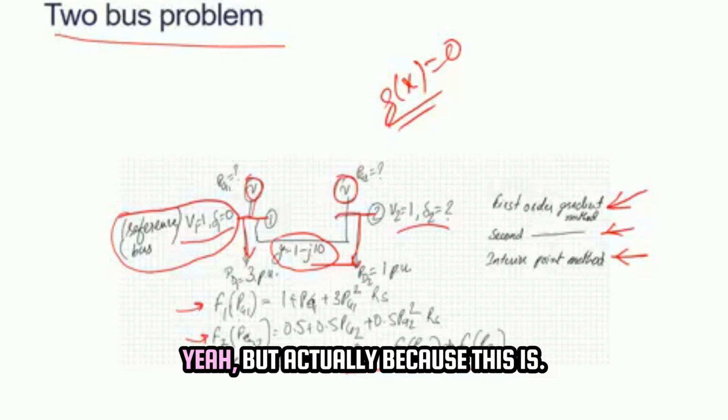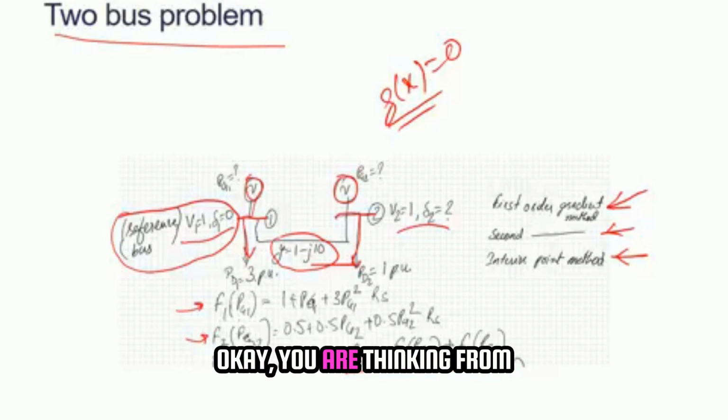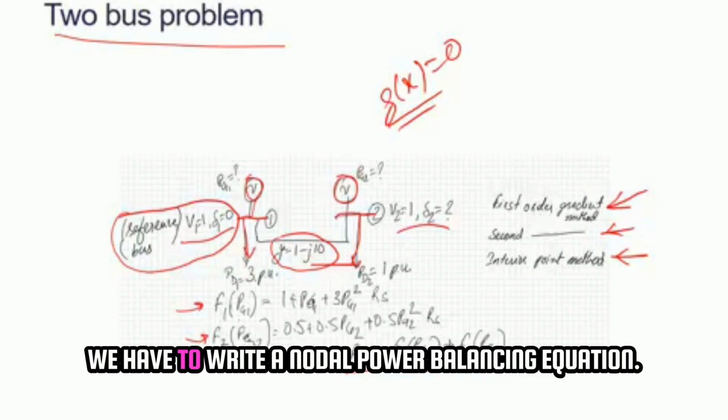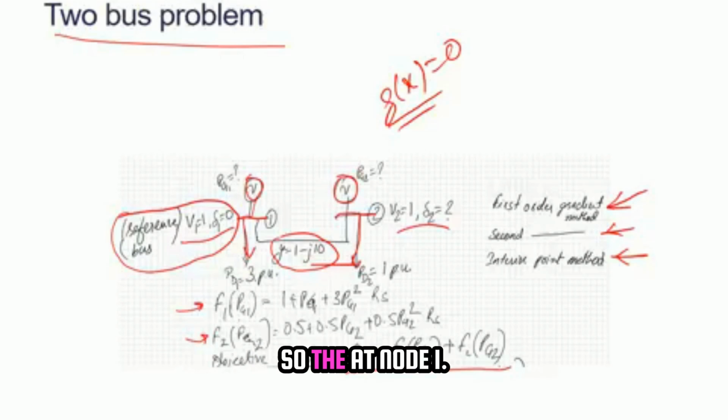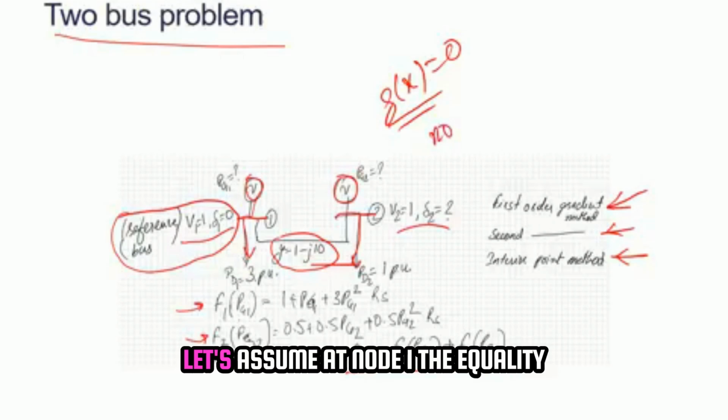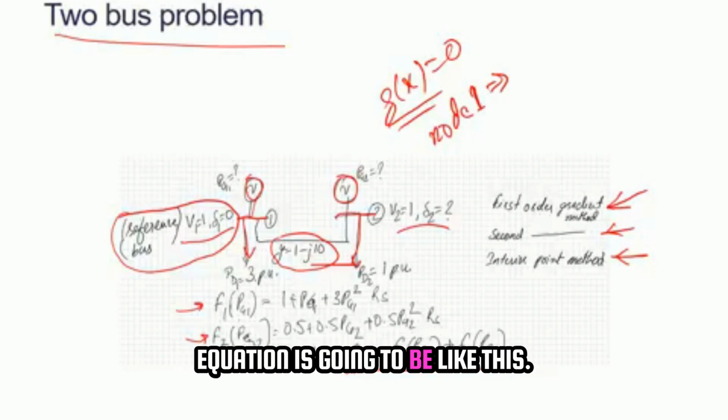Yeah, I can understand, you are thinking from the economic dispatch point of view, but actually here we have to write a nodal power balance equation. So at node one, let's assume at node one, the equality equation is going to be like this.